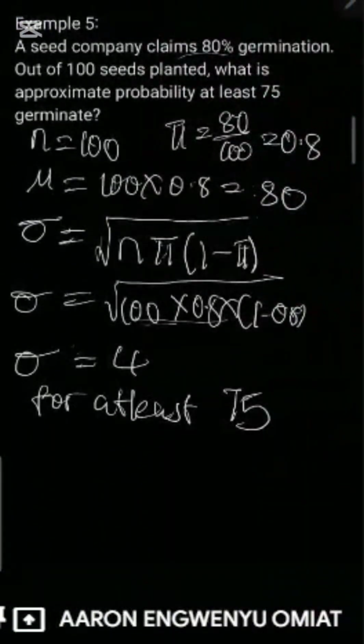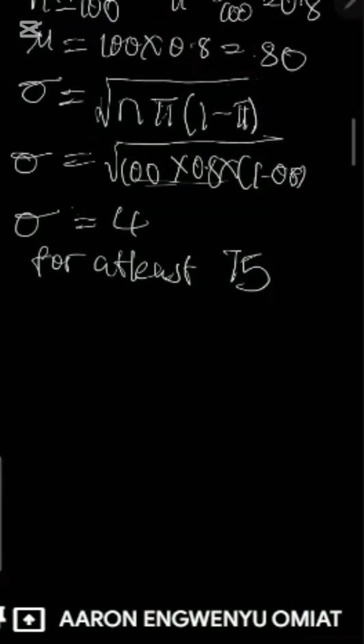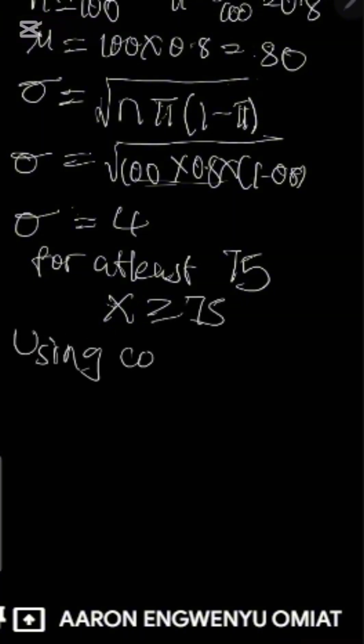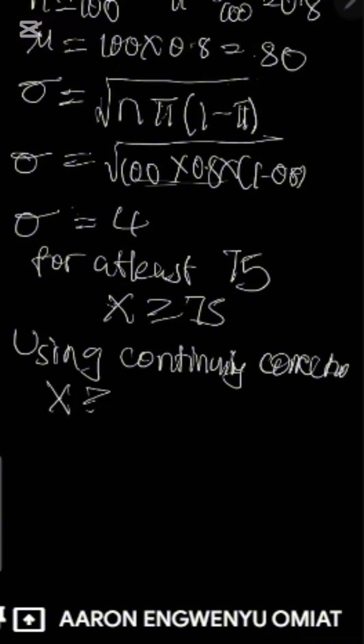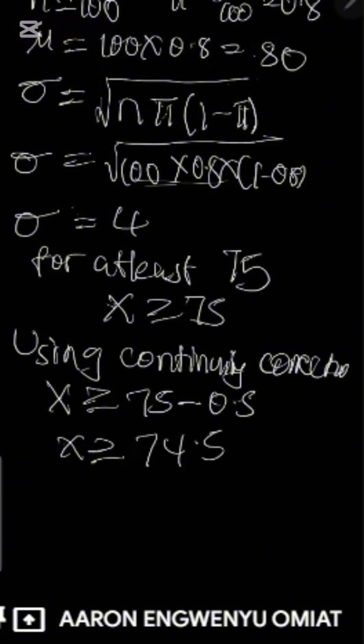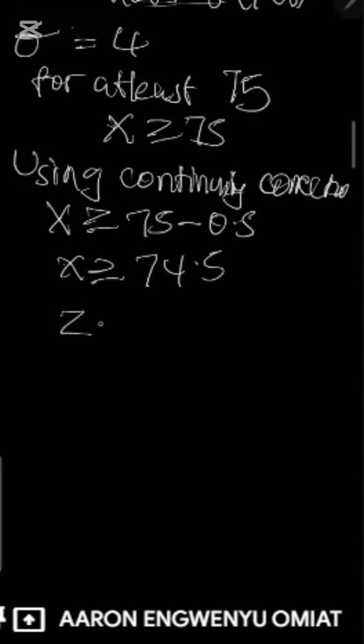So using continuity correction, for at least 75, x is greater than or equal to 75. Because it's greater than or equal to, we subtract 0.5 for continuity correction, so x greater than 74.5. Now our z value will be (x minus mu) divided by sigma.